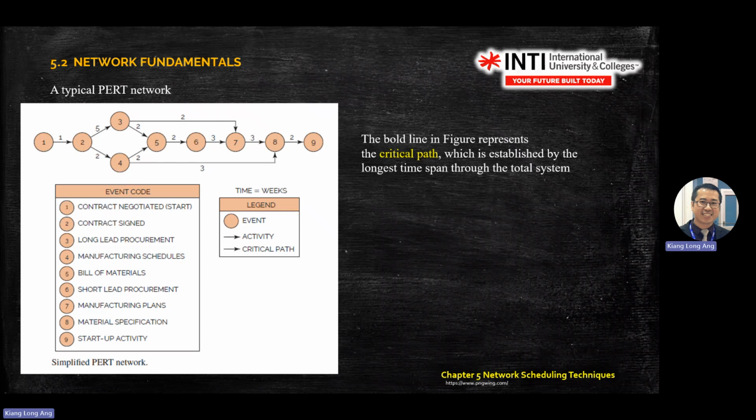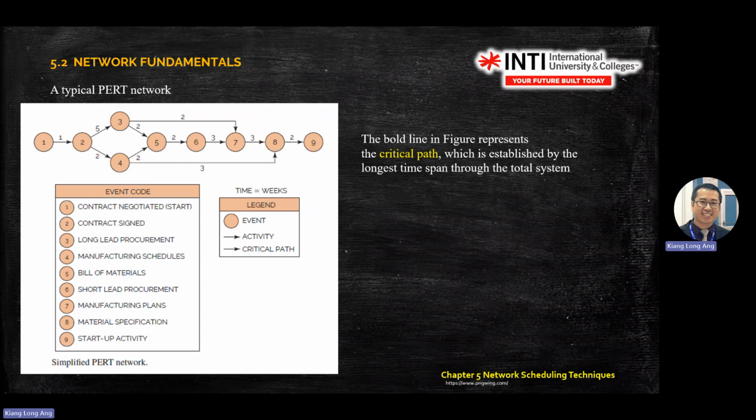ES, LS, EF, and LF. The second method is you look at the numbers in the middle column. Third method, you look at the third column. As long as they are the same, ES equal to LS, EF equal to LF, then they are critical path members.